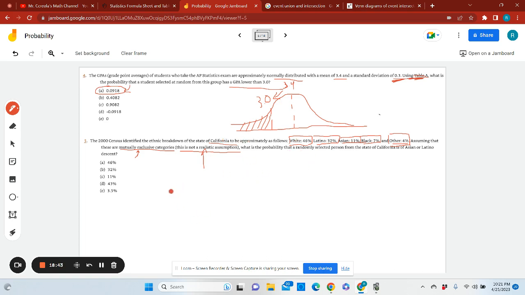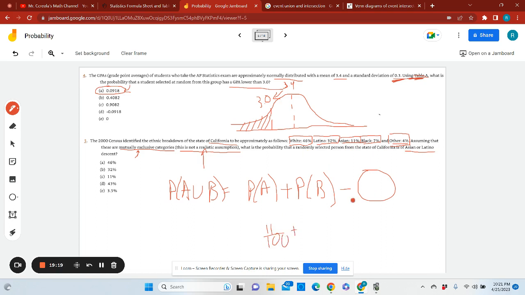Because for mutually exclusive events, the probability of A or B is just equal to the sum of the probability of A plus the probability of B. We don't have to worry about subtracting out the overlap, right? If this was out of 100 people, and we were talking about the probability of Asian or Latino, imagine 11 out of 100 people were Asian plus 32 out of 100 people were Latino.